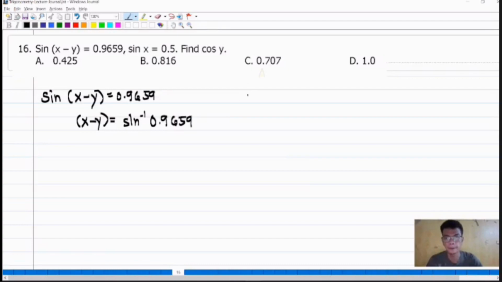So, ganun din dito. Given that sine x is equal to 0.5, so para maging x na lang siya, let us find the arc sine of 0.5.